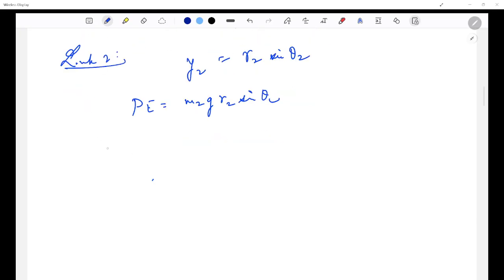So your Lagrangian here is L equal to kinetic energy minus potential energy.